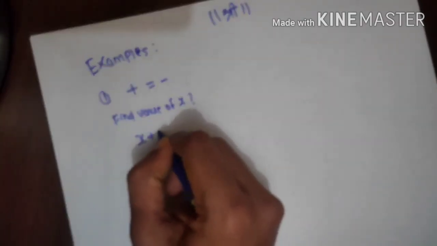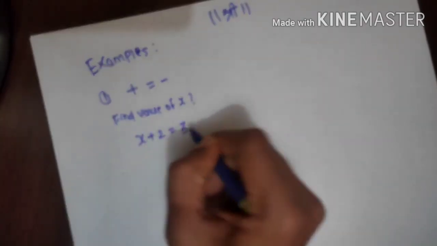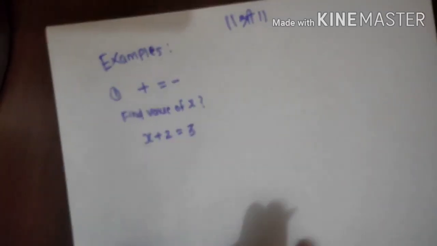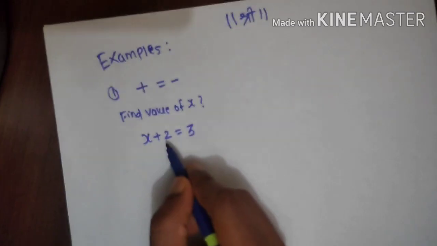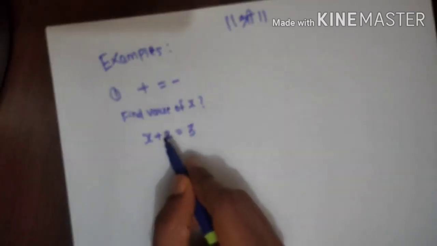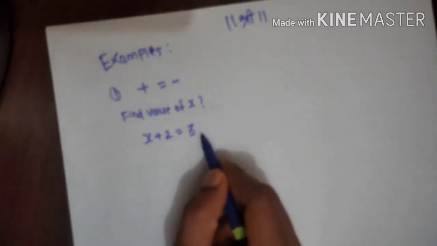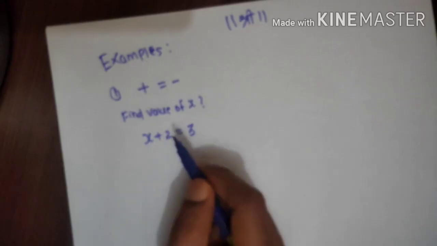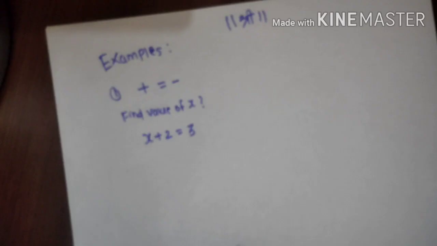x plus 2 is equal to 3. Now we want to find the value of x. How are we going to do it? Simply, here we are going to move plus 2 from one side to another side. So here we are doing transposition. When we do transposition, the sign of a number will get changed.